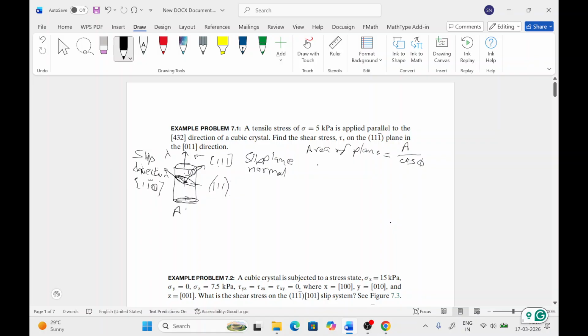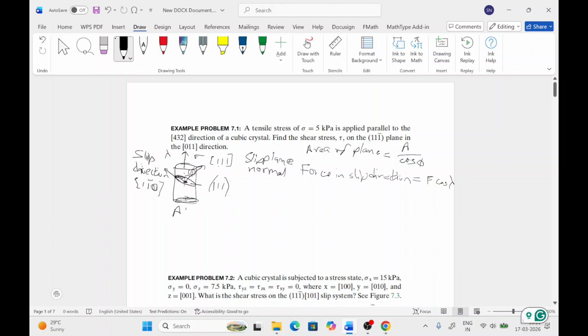The force in the slip direction will be F cos lambda.